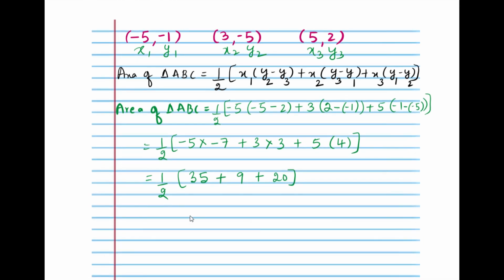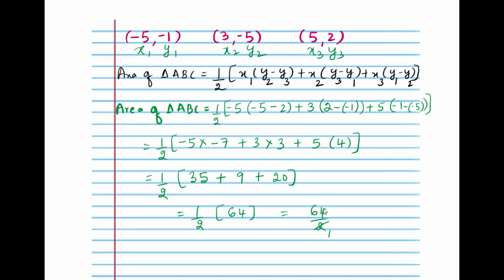Area of triangle equals half into 35 plus 9 is 44. 44 plus 20 is 64. Now 64 into 1 is 64 divided by 2.